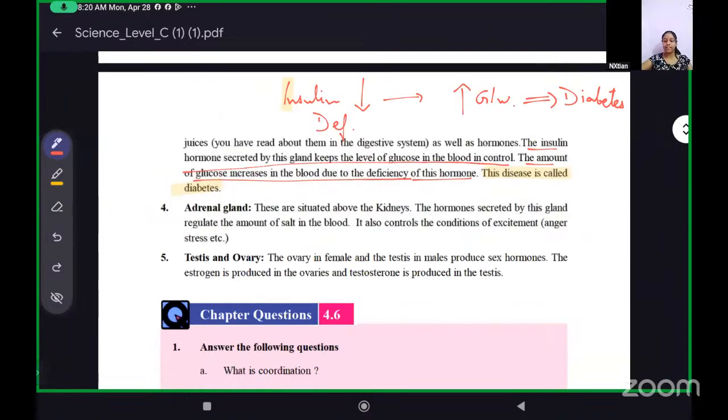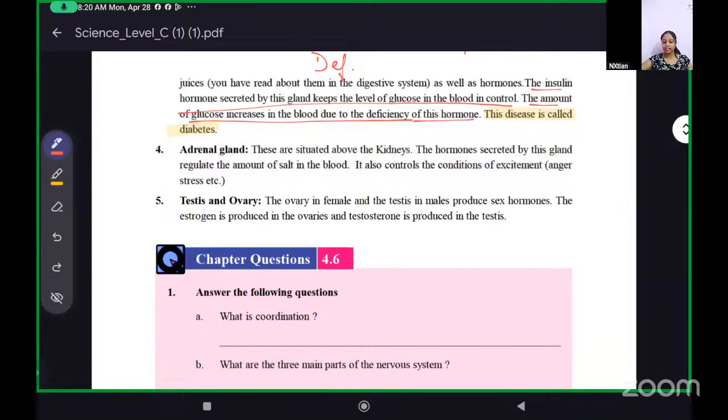Then we have the adrenal glands. They are situated above the kidneys. They secrete a hormone which regulates the amount of salt in the blood.